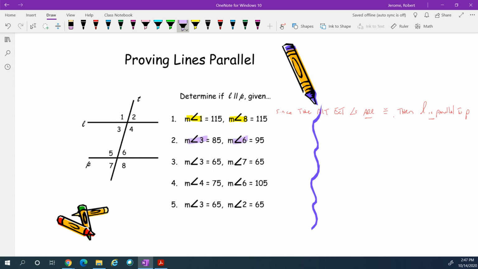Angle 3 and angle 6, we'll find them. Those are alternate interior angles. Alternate interior angles are supposed to be congruent, but they're not.